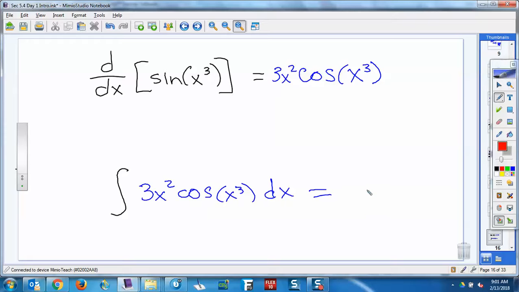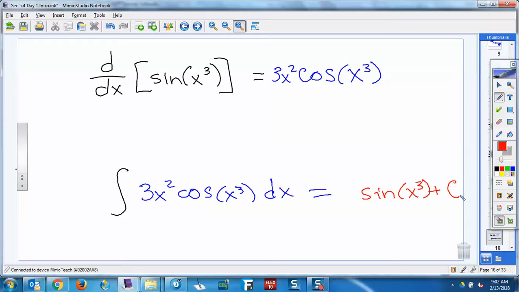what? Plus c, isn't that right? I mean, if the derivative of sine x cubed is this, so now think about this. When we were doing derivatives, and we did the gateway test, we would start out with a pretty simple, neat-looking function, sine x cubed. And our finished answer would look pretty messy a lot of times, right? Especially if you had to do quotient rule or product rule. You could start with a pretty simple, neat little function and end up with a big, messy derivative.